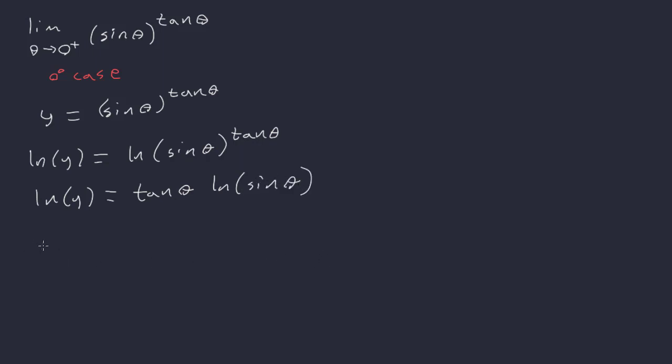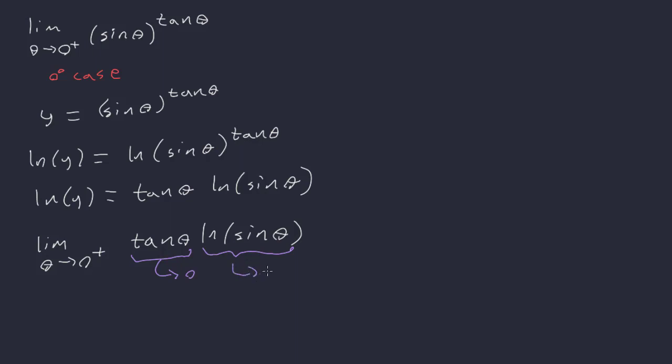So we're actually considering the limit as theta goes to 0 from the right of tangent theta times the natural log of sine theta. Now, of course, tangent of 0 is still going to 0, so this piece is going to 0. But the natural log of sine of 0, and since we're going from the right, that's going to negative infinity. So this is a 0 times infinity case.